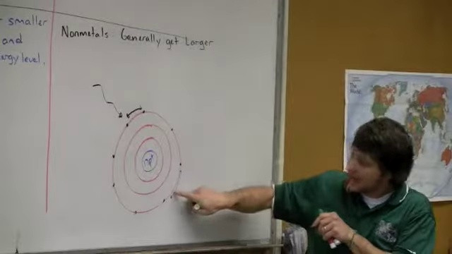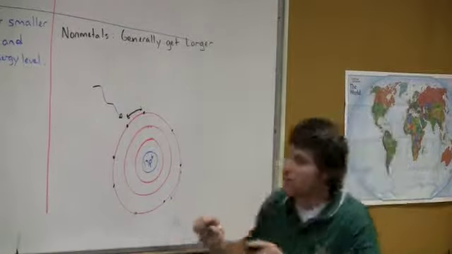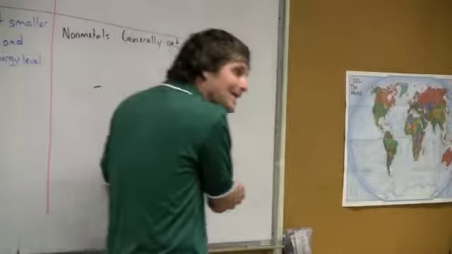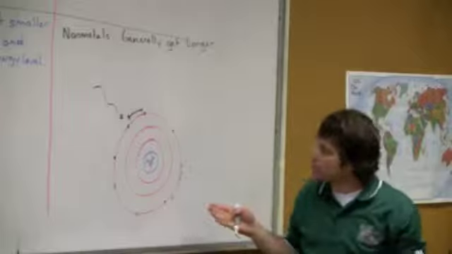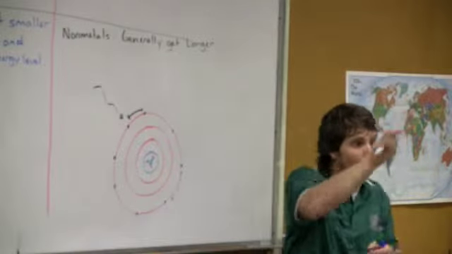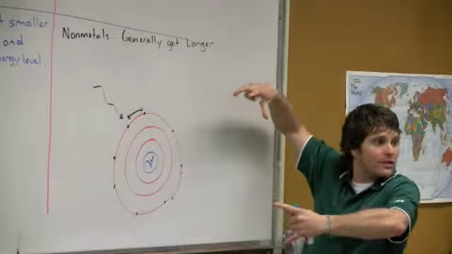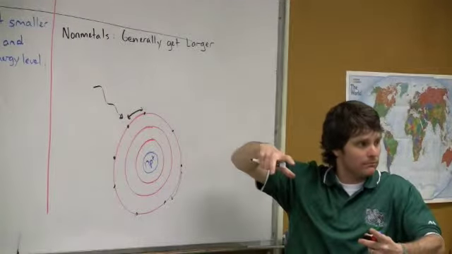You're still in the same energy level. It's not the same as over here where you're getting rid of an energy level. Over here, you're not gaining an energy level. But what's happening is those extra electrons, whether they be 1, 2, or 3 extra electrons, move away from each other as far as they can, and the atom gets bigger.